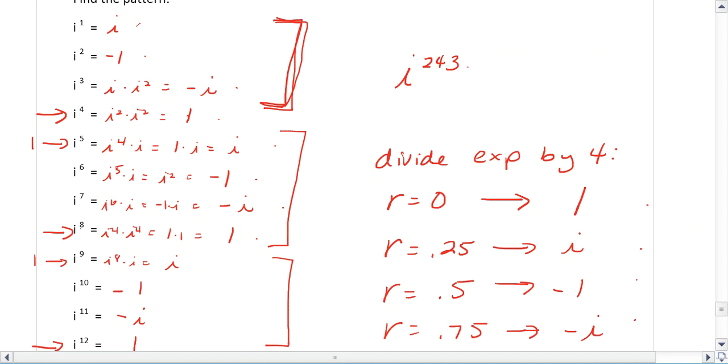And so if we take 243 and you punch that out on your calculator, you divide it by 4, we get 60.75. Therefore, i to the 243 power is -i. It's always going to be one of those 4 answers depending on the remainder.